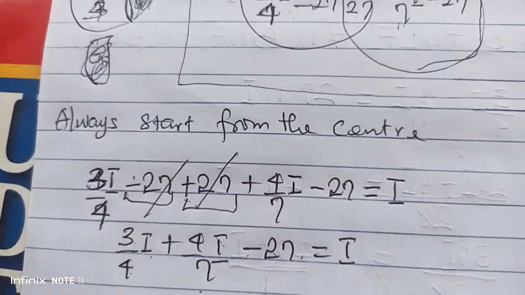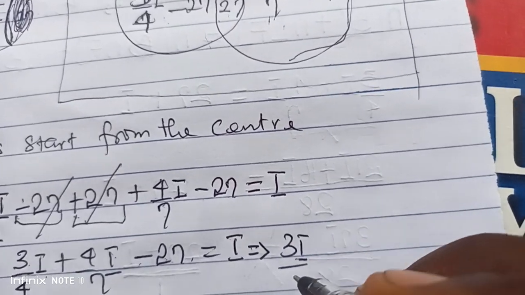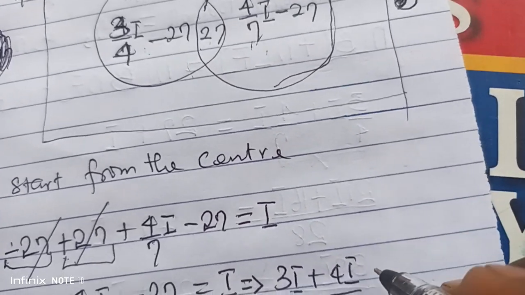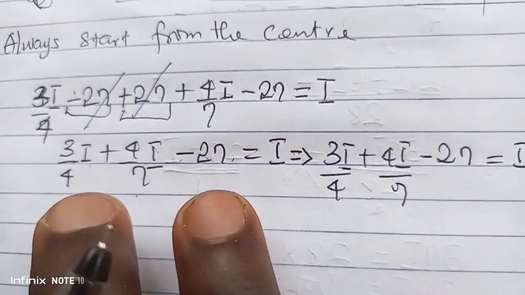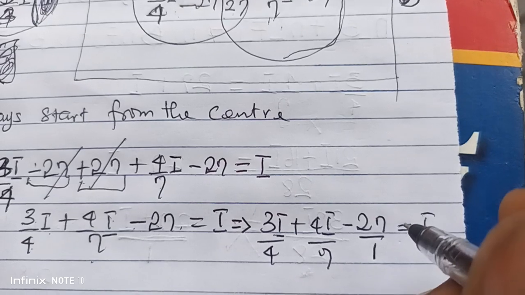Now, we can easily write it like this to make it easy for us to solve. I can make this 27 over 1.